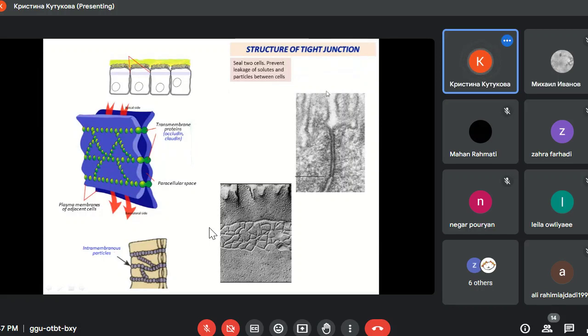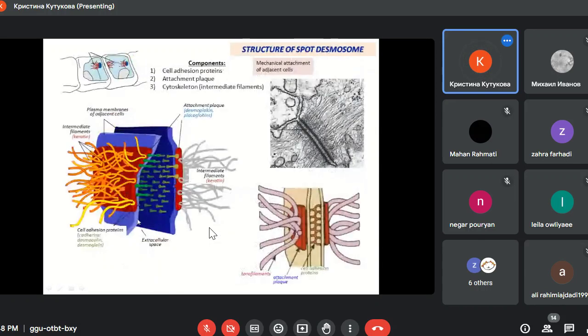Here are microvilli of two adjacent cells. Tight junction: two membranes come close together, and they are sealed with transmembrane proteins, occludin and claudin. And nothing can pass between the membranes of these cells, between the cells.